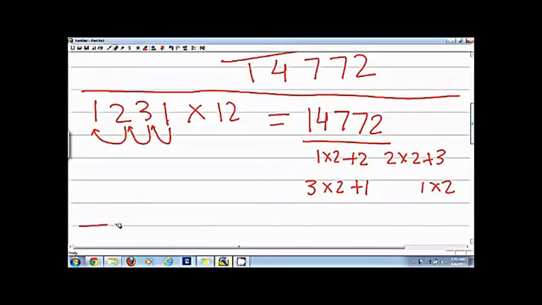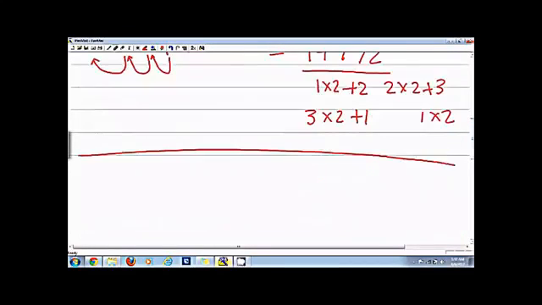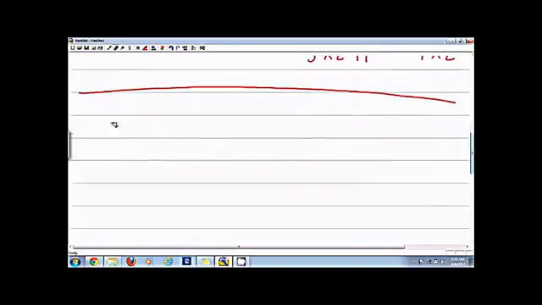So let's take another example. If I have to multiply 121 and 2, and we have to multiply it by 12. So in this case, let's do it again.